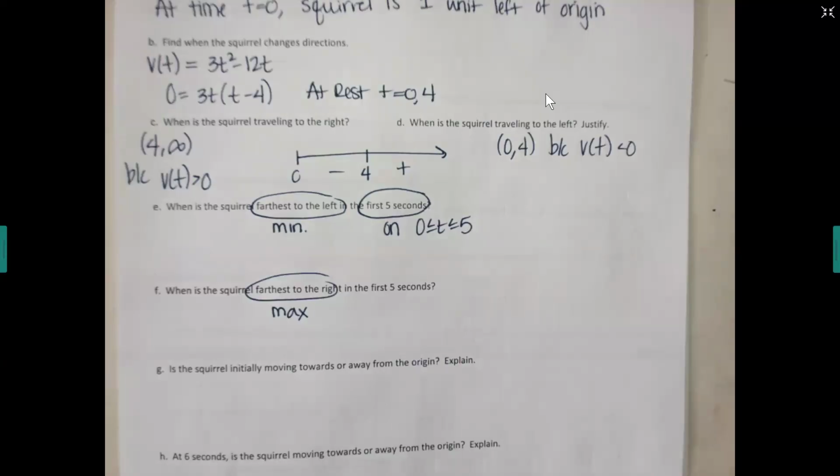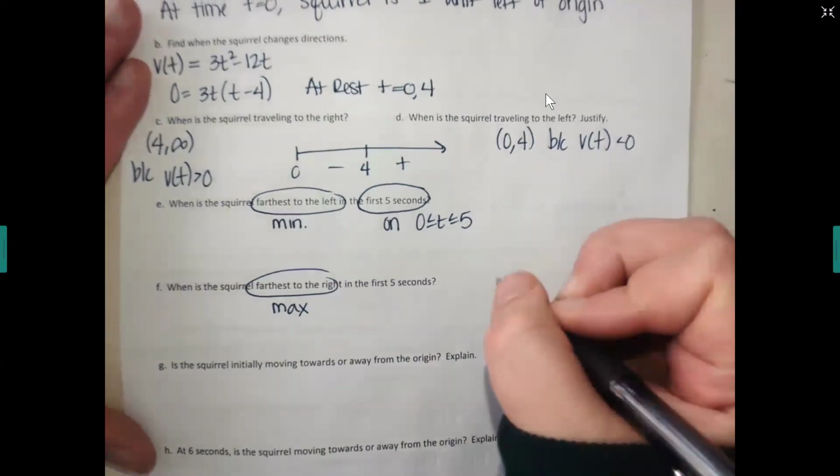Okay, so then farthest to the left, we're gonna set up our candidates chart, right? What goes in the chart? Endpoints and critical numbers, right? So what are your endpoints? If it's the first 5 seconds, what are your endpoints? 0 and 5. And then what was your critical number?